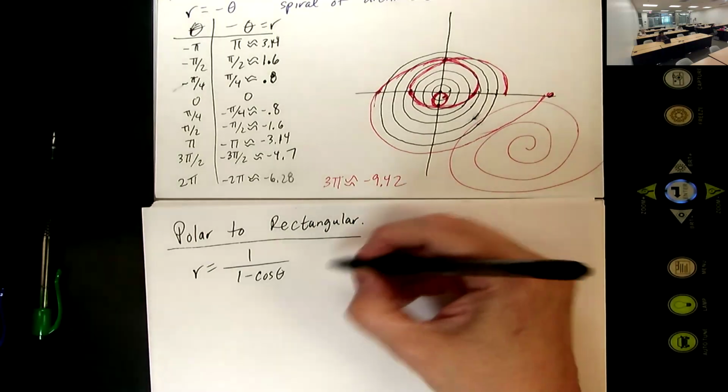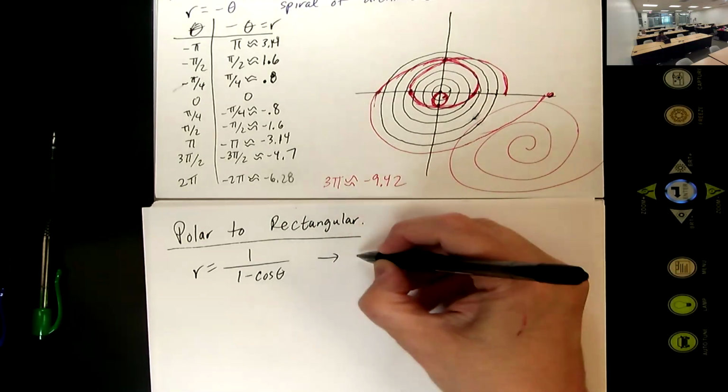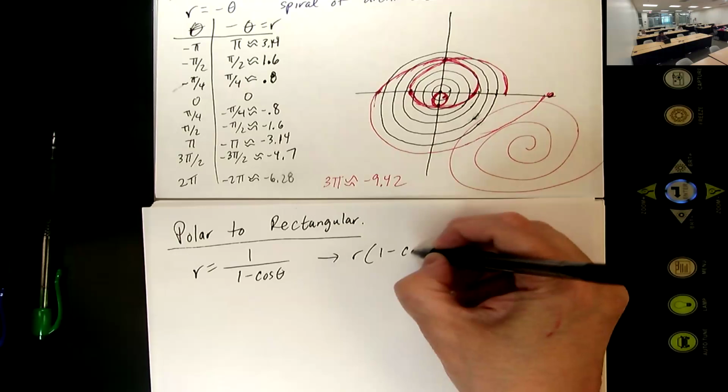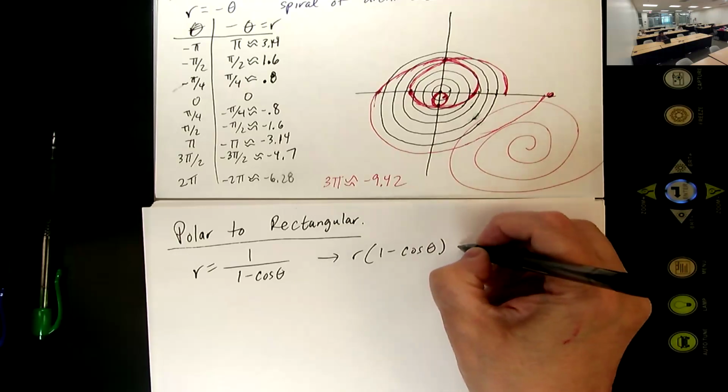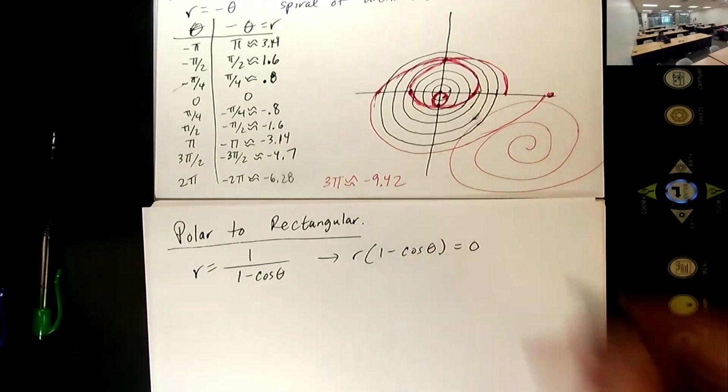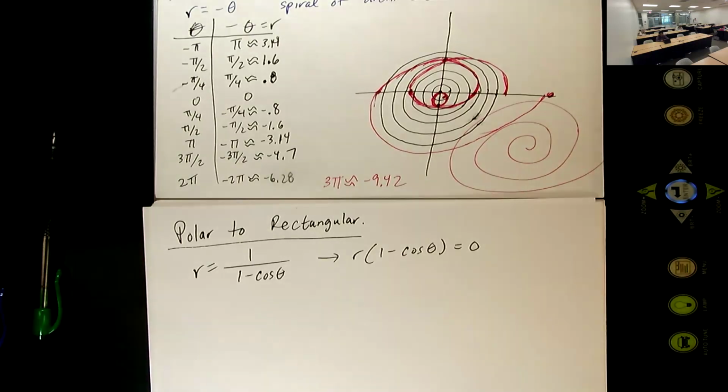I'm gonna clear the fractions and have r times 1 minus cosine theta equals 0. And we did 1 over 1 minus sine theta earlier, and it took a little bit longer because I switched right away.